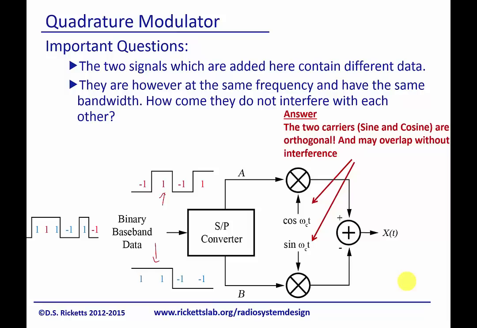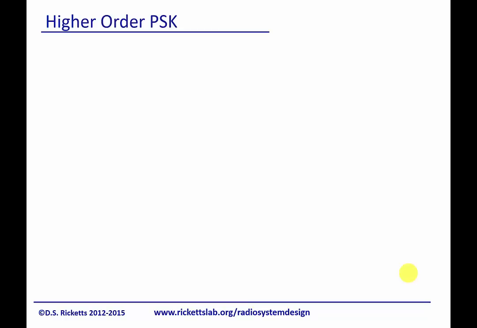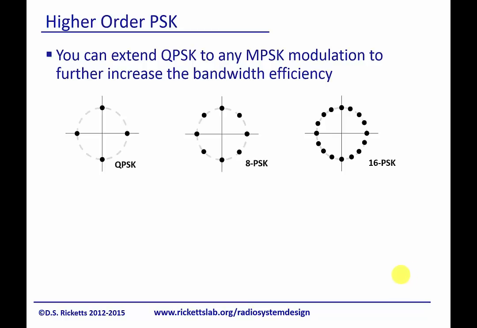Let's look at some other architectures that will give you a little better idea about how digital modulation can work. Looking at higher order PSK, you can extend this pretty much at will. So here's QPSK. Here is 8 PSK, so there are 8 phase shifts.